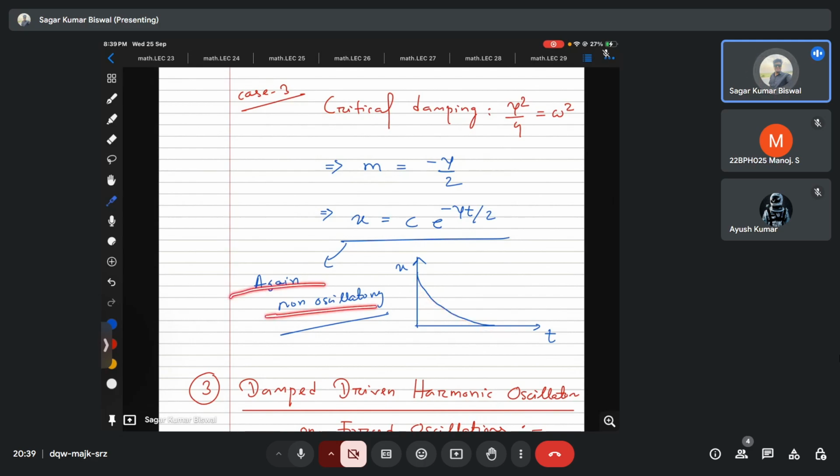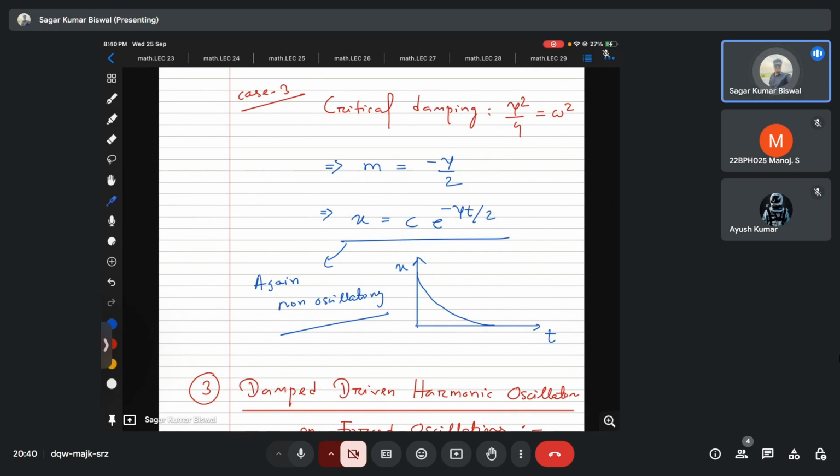Again, this is non-oscillatory. There will be no oscillation. If you displace the particle from its equilibrium position, it will just go back to its original position, right? This is the case known as critical damping.